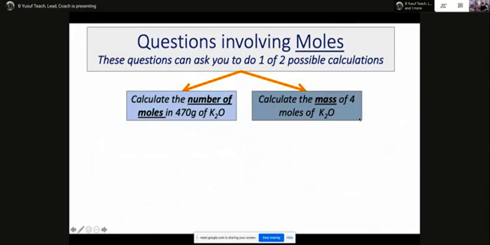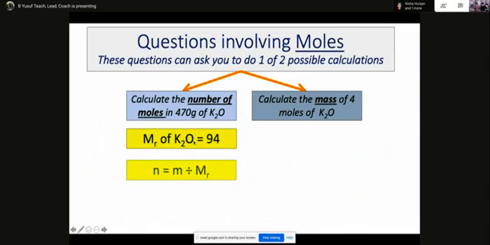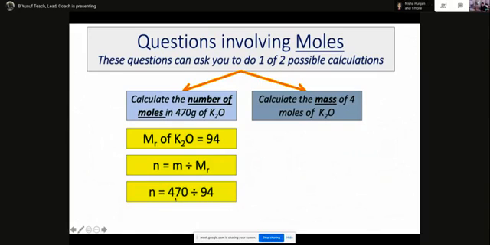If we look at the left-hand side, the relative formula mass of potassium oxide is 94, because you've got 2 atoms of potassium and one of oxygen here. You use the equation: the number of moles equals the mass divided by the relative formula mass. That means 470 grams, which they've given you in the question, divided by the relative formula mass 94, which gives you 5 moles of potassium oxide.